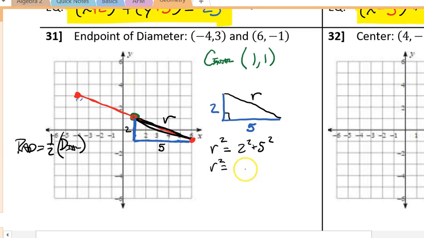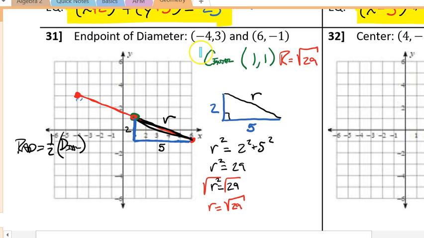So that means that r squared is equal to 4 plus 25, which is 29. We take the square root of both sides. Square root of 29 doesn't end up being a nice value, so the radius is just equal to the square root of 29.